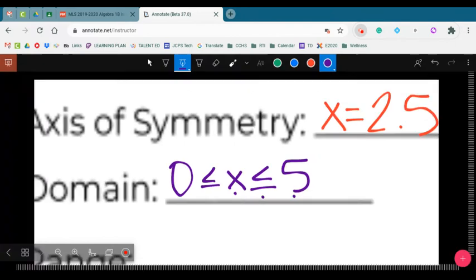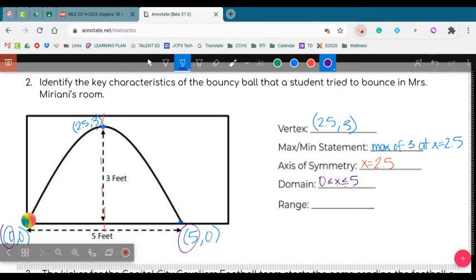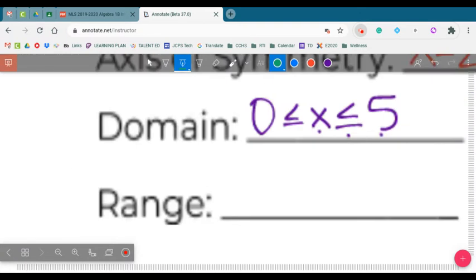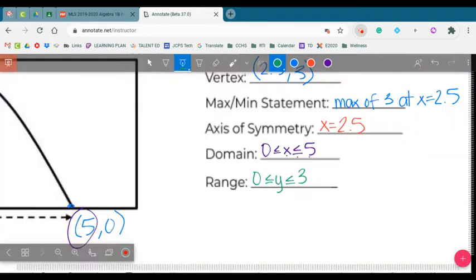So it's in between those boundaries. Now our y value, it started at 0, and it went all the way up to this 3. So that means our y value is in between 0 and 3. So we're going to write this similarly. So we're going to have 0 is less than or equal to y, which is less than or equal to 3.